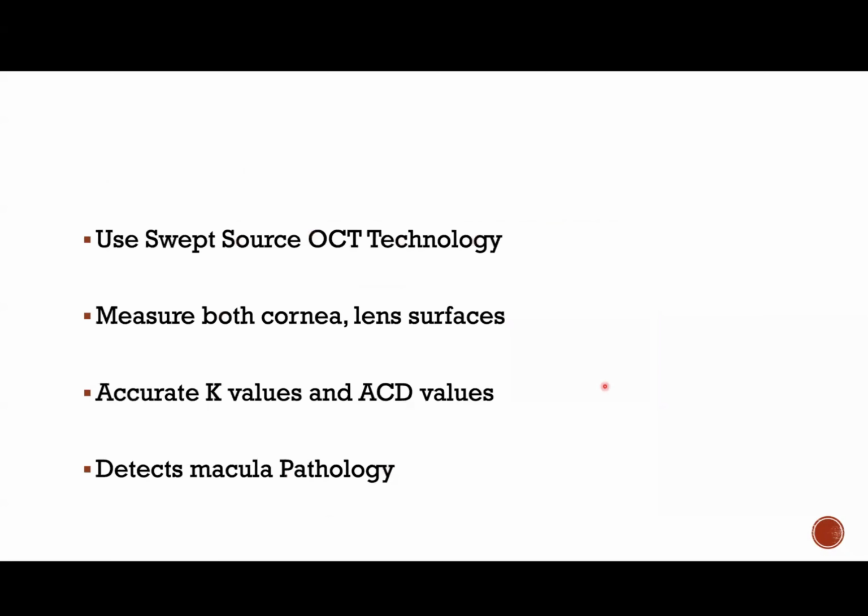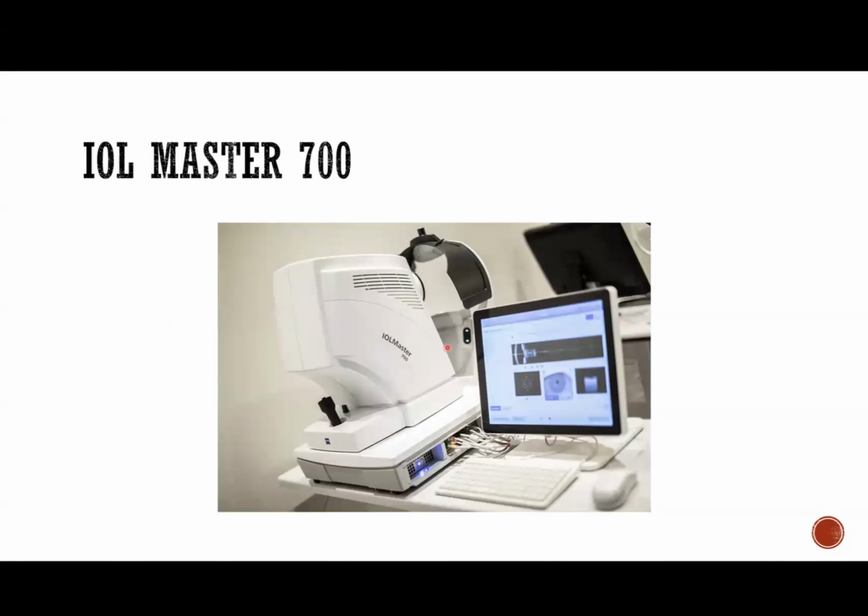Even if the surgeon misses the macular pathology, the machine has the ability to pick up pathology on the macula. It has happened to me and to most of the other people who use the IOL Master 700. It is not available in the government sector; in the private sector a few machines are available.